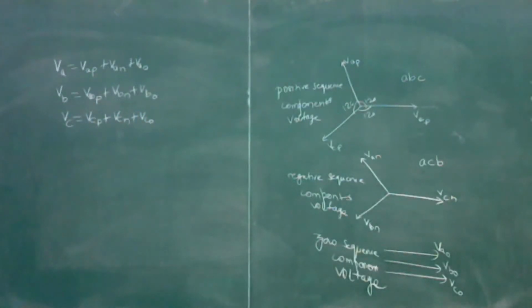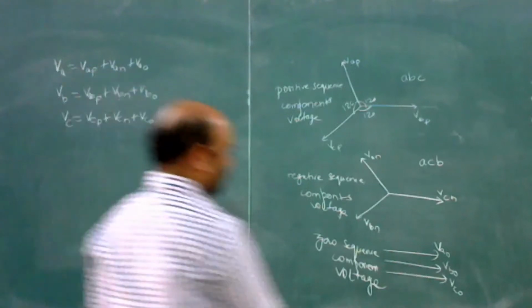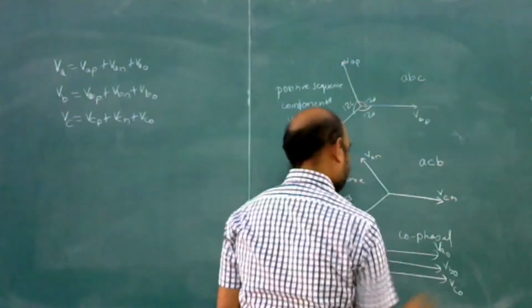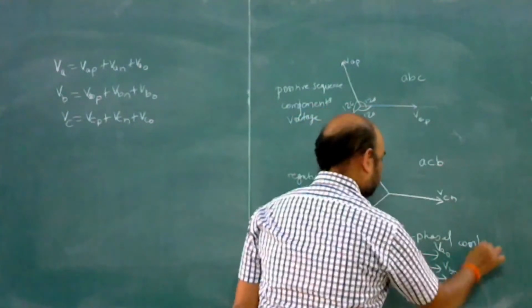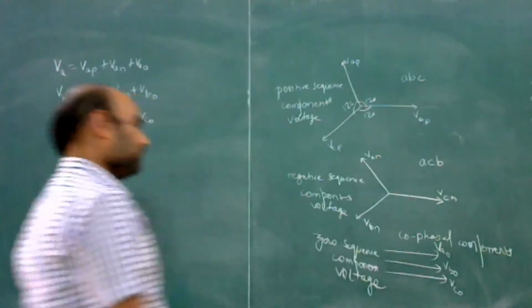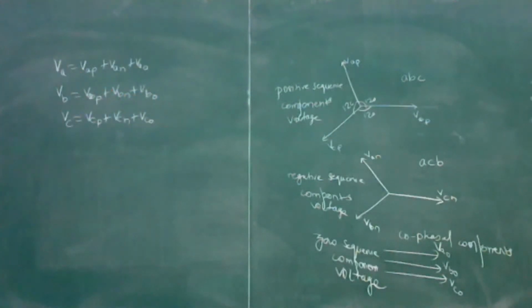Now, the zero sequence components are in the same phase, and they are known as co-phasal components. So they are co-phasal components.